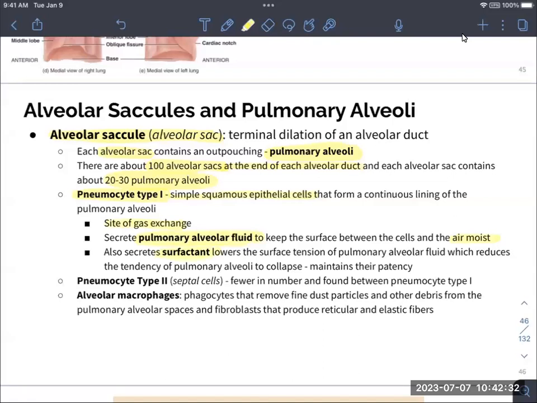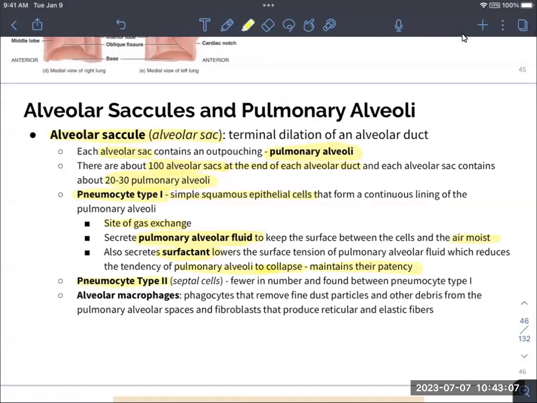Surfactant helps this alveolar fluid. What it does is it prevents those alveoli from collapsing. Without the surfactant, they would completely collapse down every time they empty out with air. So as it's called, they maintain their patency when these cells secrete this surfactant out.